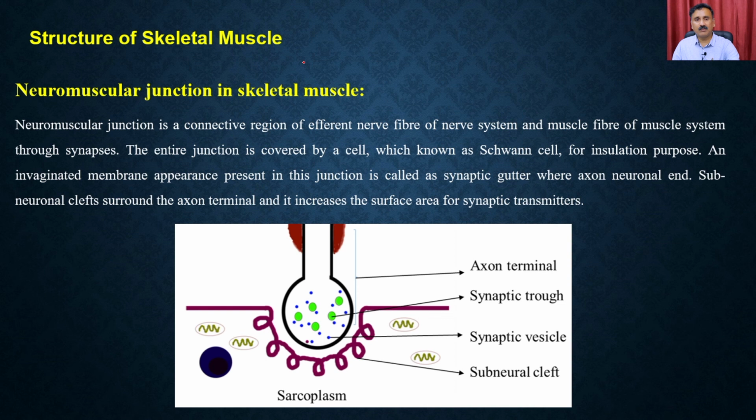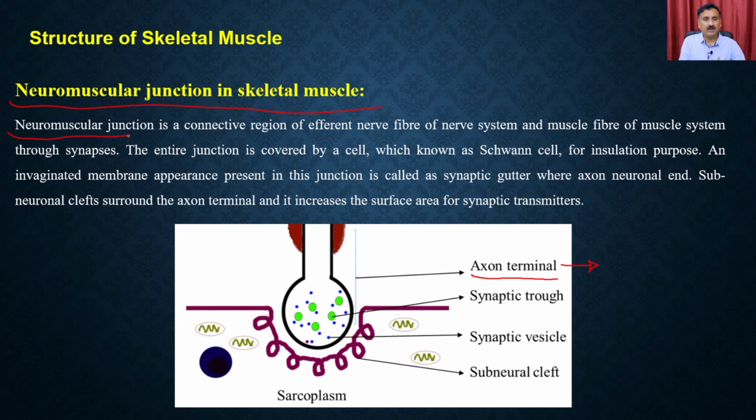The neuromuscular junction in the skeletal muscles looks something like this, where you have the muscle cells and these are the axons. The axon is a part of the neurons. Anyway, we are going to discuss this when we discuss the nervous system.